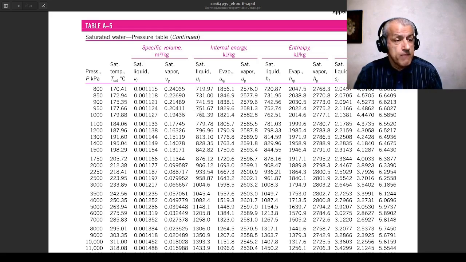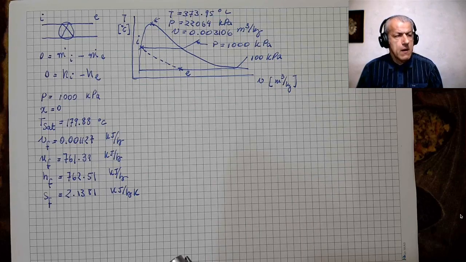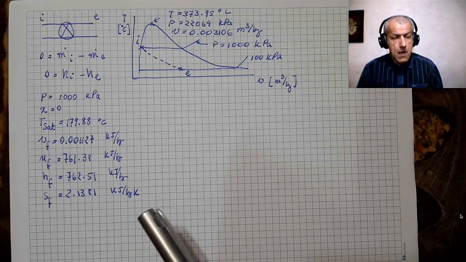This is the specific energy, and the rest of them I just write them down for our problem. So what I have here are all the properties at point I.